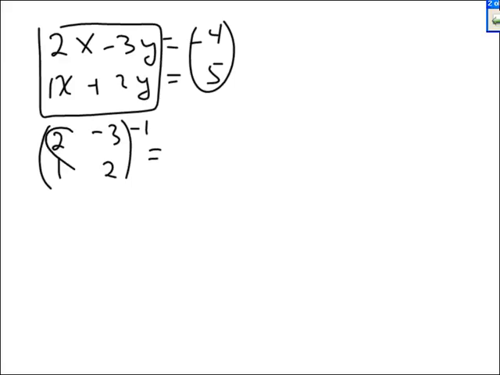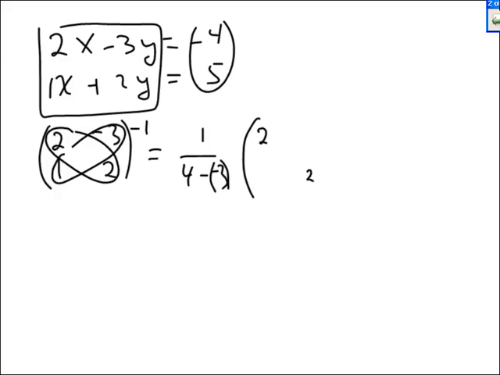Well, it's 4 minus a negative 3, which happens to be 1/7 again. And then you switch the 2's, and you change the sign of the negative 3 to positive 3, and the 1 to negative 1. So you get 1/7 times 2, 3, negative 1, 2.